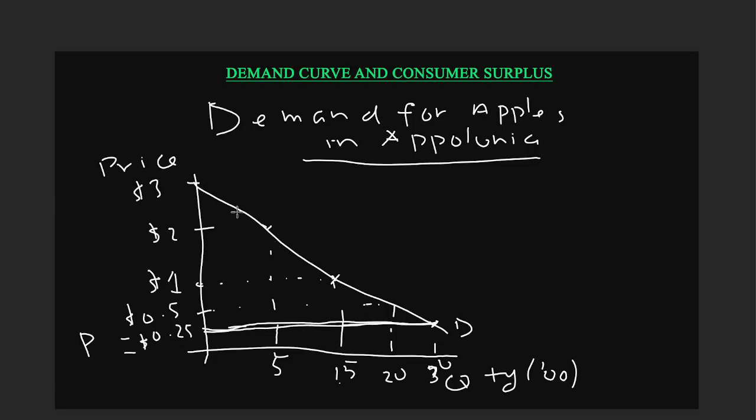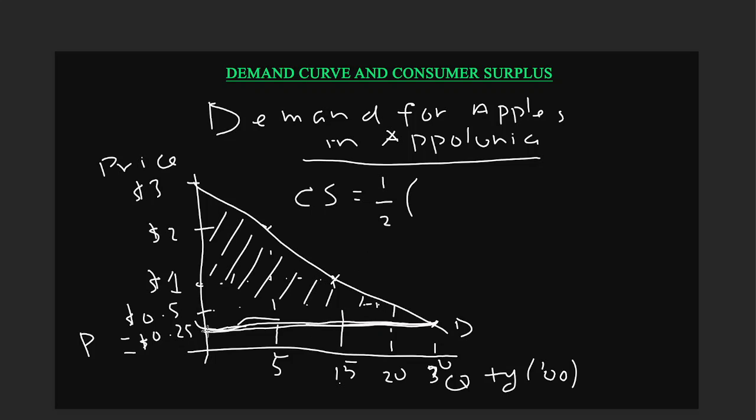Given that this is a continuous demand curve, the consumer surplus is basically this region above the price. This is basically a triangle right there, and we can calculate the consumer surplus using the area of a triangle.